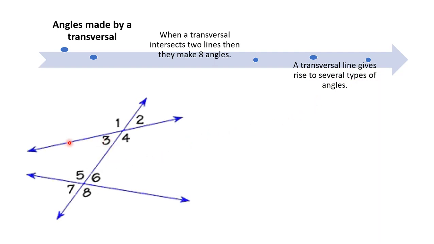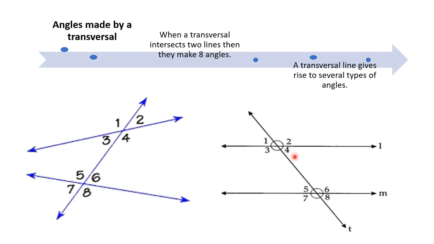For example, in this figure, two lines are there and one transversal intersects them, so we are getting angles 1, 2, 3, 4, 5, 6, 7 and 8. Similarly, here also L and M, two lines are there and T is a transversal. So again we are getting the 8 angles, 1, 2, 3, 4, 5, 6, 7 and 8.